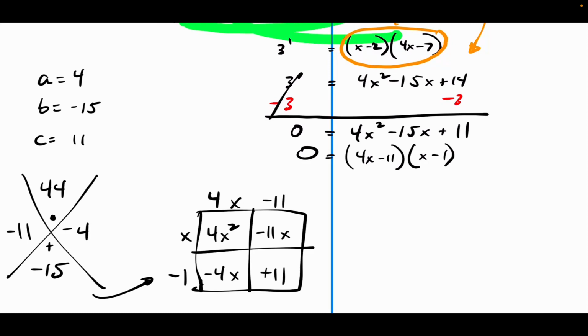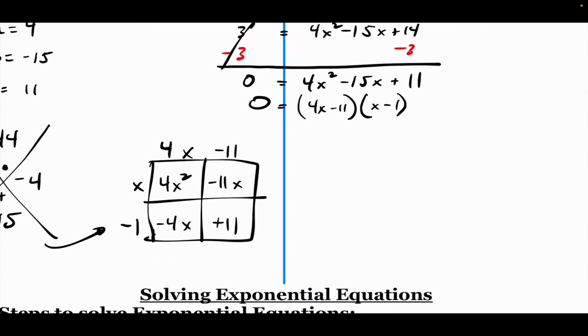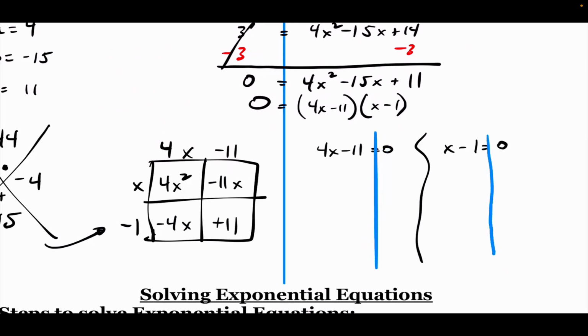Now I can set it equal to 0. I'm going to get 2 answers. From having done this problem last period too, I can tell you right now one of them will be extraneous, one of them will be an answer. So we got to check. We're going to have extraneous on this one.